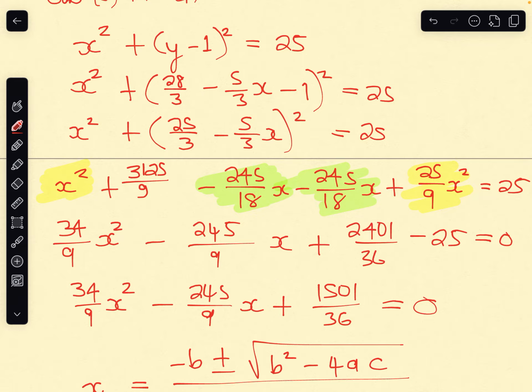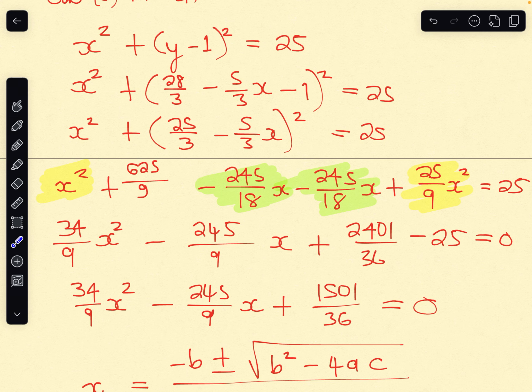So 5 times 5 is 25, times 5 is 125, times 5 is 625. Only if I were to times by 5 again would I get to 3,125. My bad. Right, so 25 over 3 times 25 over 3 is 625 over 9.